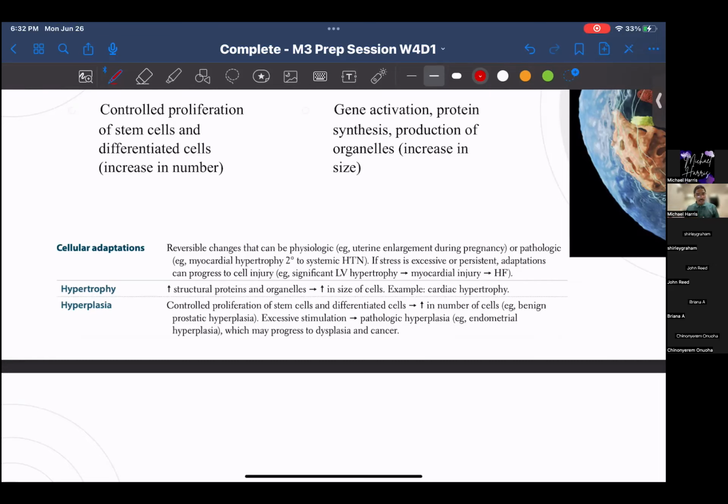Cancer, yes, with hyperplasia. Now, my next question is this. What type of cells do you think undergo hyperplasia versus hypertrophy? Do you think cardiac muscle can undergo hyperplasia whenever you have heart failure? No. Perfect. It's those cells we talked about earlier that undergo regeneration and have the capabilities to divide.